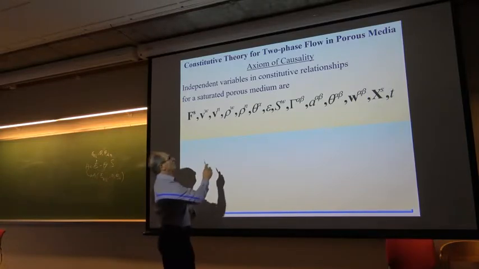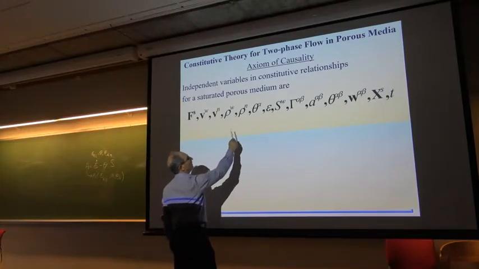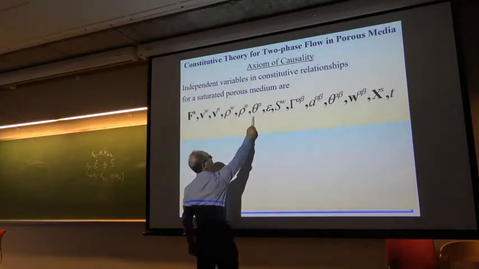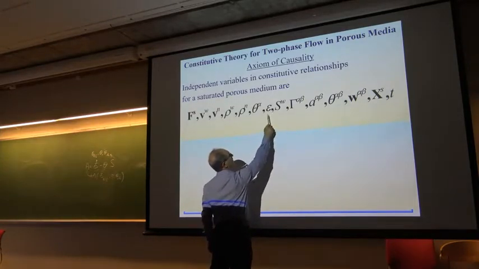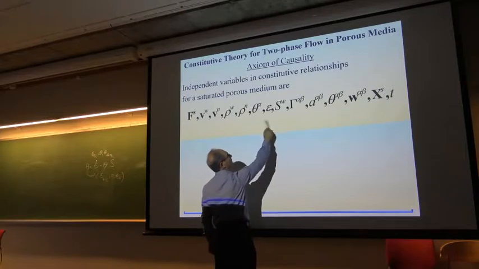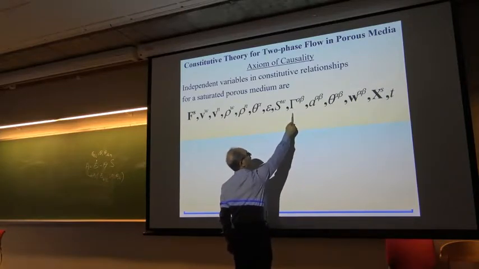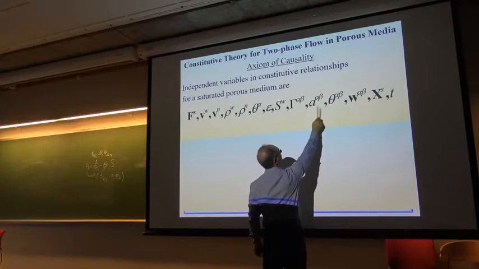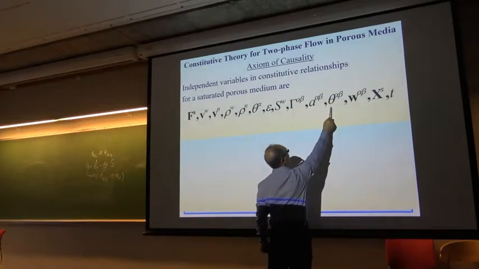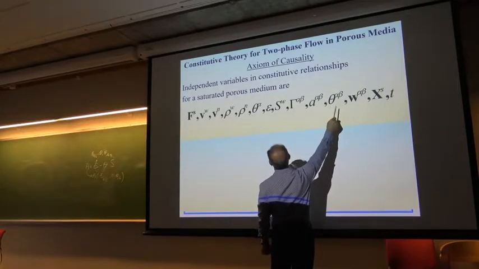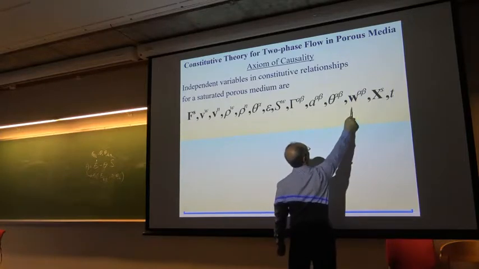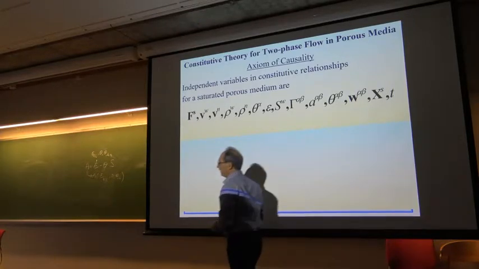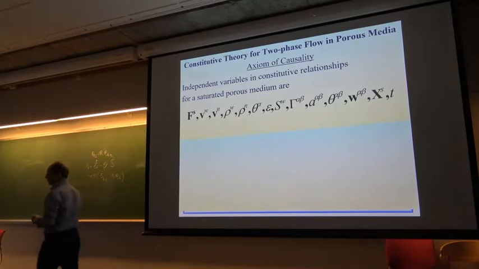So they are not related. Sorry, I didn't include rho s because there is porosity here. I could remove porosity and have rho s. Saturation, the mass densities for interfaces, there are 3 here. Interfacial area of interfaces, temperatures of interfaces, temperature of phases, motion of interfaces, and dependence on position.